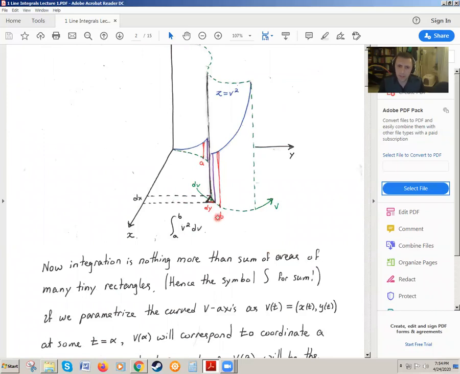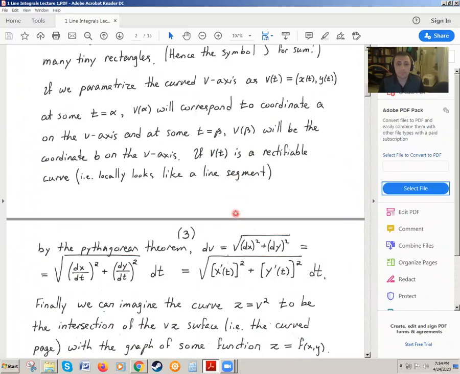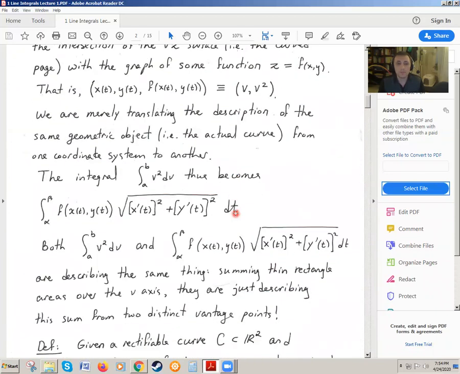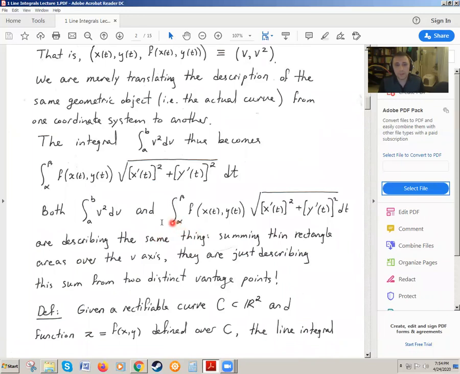There is also a time beta at which x(beta), y(beta) is at the coordinate B. So now we have made the full parameterization. The integral from a to b of v squared dv is now translated to be the integral from alpha to beta of f(x(t), y(t)), which is basically evaluating the function on the curve, and that corresponds, in this example, to v squared, times the square root of the x-coordinate derivative squared for the parameterization plus y prime of t squared.